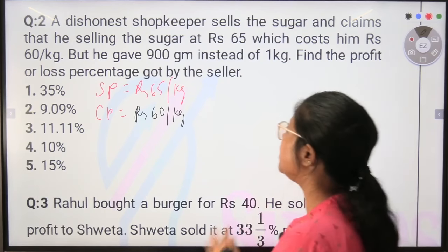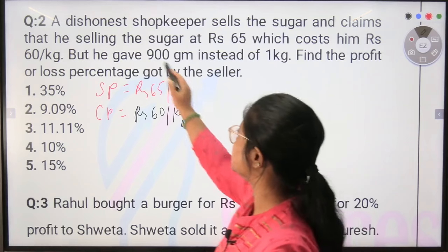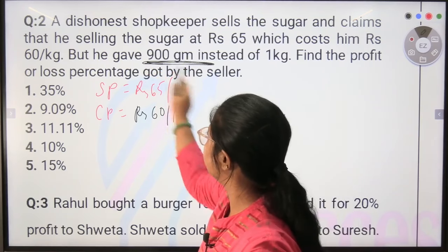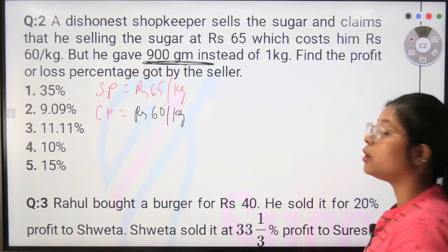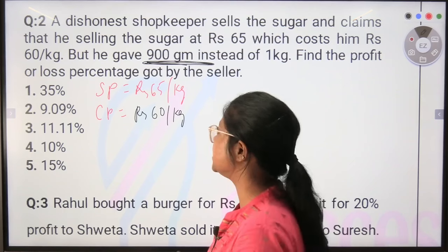But he gave 900 gram instead of 1 kg. So find the profit or loss percentage got by the seller.